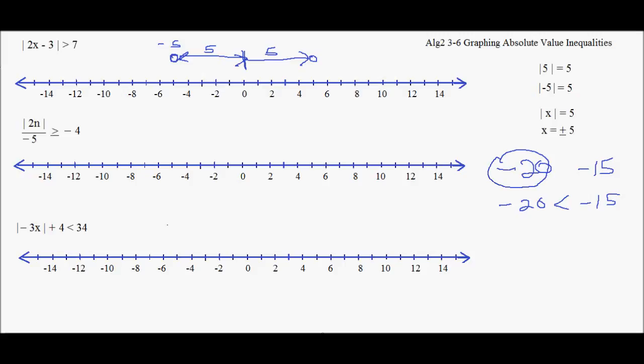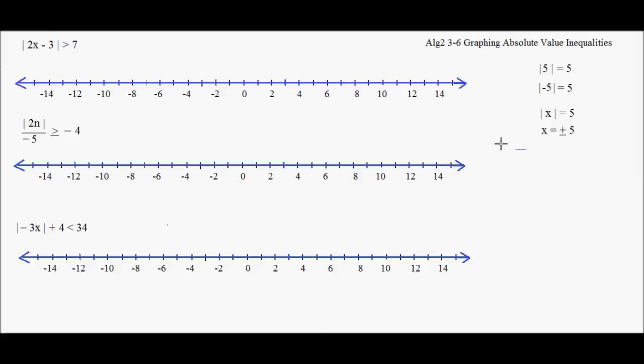I mentioned that it's very confusing. It's confusing to anybody that just looks at negative 20 and considers it less than negative 15. A number that looks bigger than 15, right? But it's a smaller number, but a bigger magnitude.